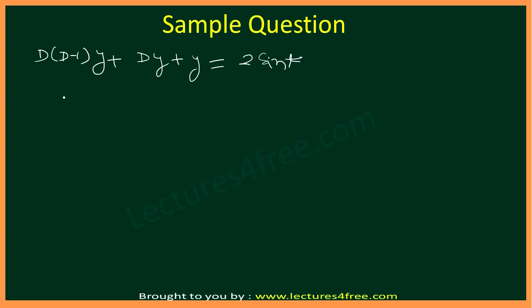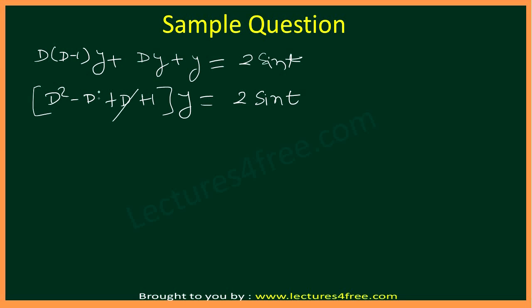So now simplify this, then you can write d square minus d plus d plus 1 into y is equal to 2 sine t. If this cancels, you will get d square plus 1 y is equal to 2 sine t.